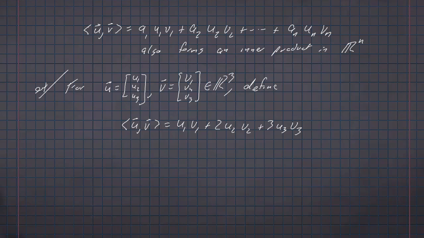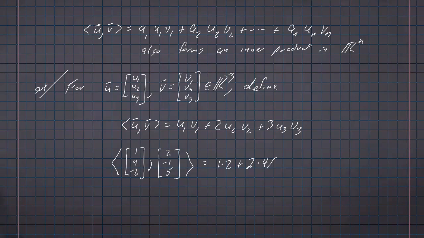So if I want to take the inner product of a couple of vectors, say 1, 4, -2, and 2, -1, 5, that's going to be 1 times 2 plus 2 times 4 times -1 plus 3 times -2 times 5.